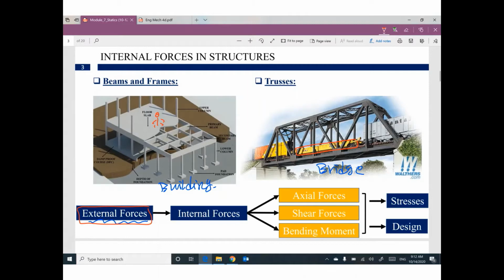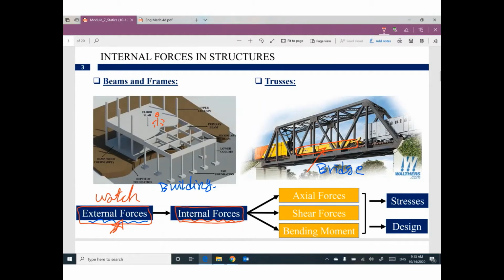These external forces will create something called internal forces. Guys, the external forces, I can watch them. So right now you can watch your computer, you can watch the desk in front of you, you can watch people around you, you can watch the train passing through the bridge. All of this loading, I can watch. External forces, you can watch. These external forces will create something called internal forces.